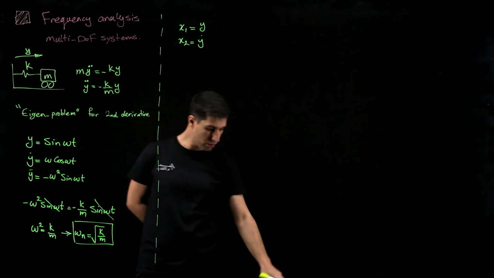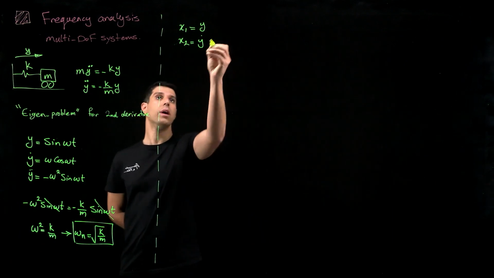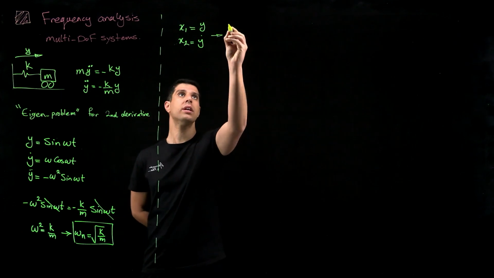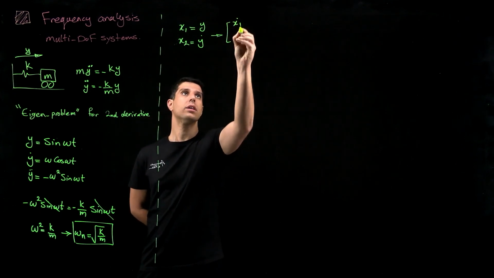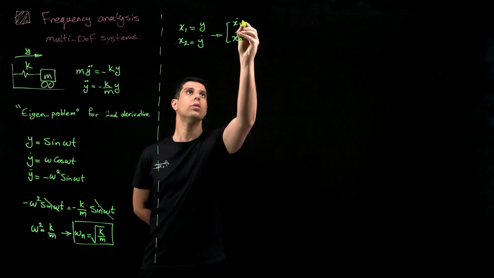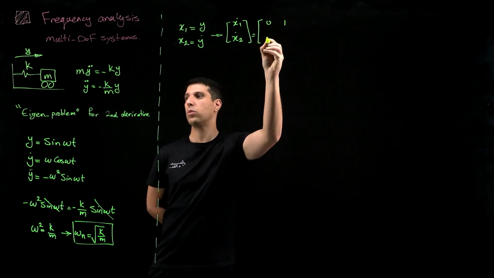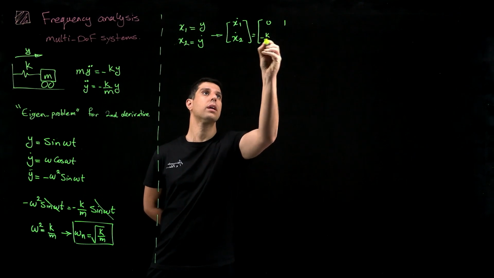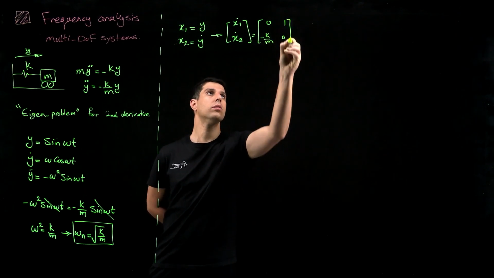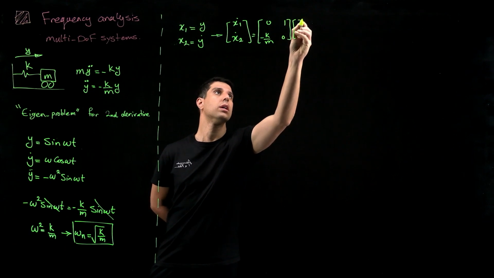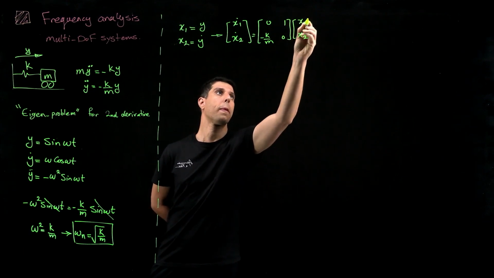And if I do that, my state space equation, x dot 1, x dot 2, will be 0, 1, minus k over m, 0, times x1 and x2.